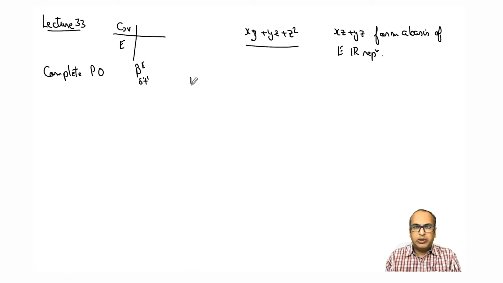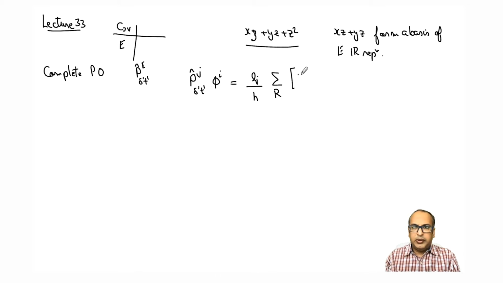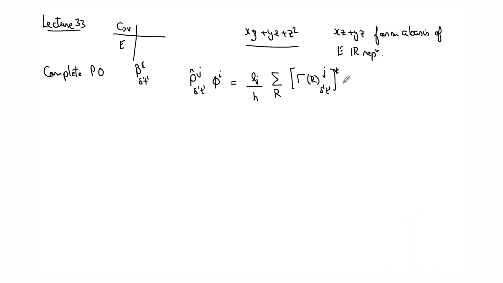So in general, if we write the complete projection operator, the formula stands like this. You have Pj for any ith or jth irreducible representation, a typical matrix element, and that when operated onto a given function, let's say phi i, gives you Lj over h times the summation over all R, and then the corresponding matrix element under the symmetry operation R. So the matrix element will be S prime T prime for the jth representation, and if it is a complex number, then its complex conjugate, and then the operator R applied onto it.